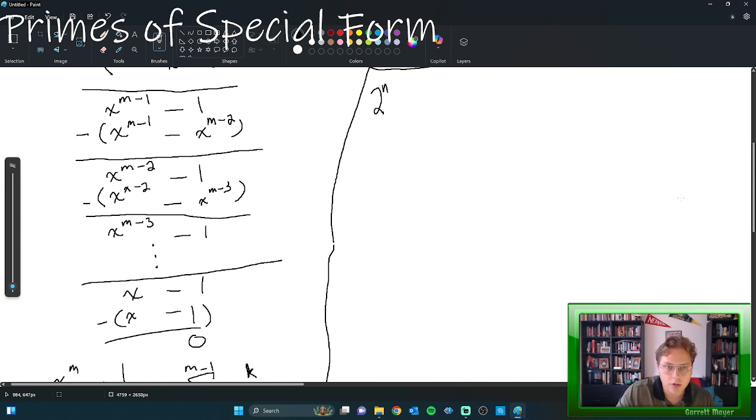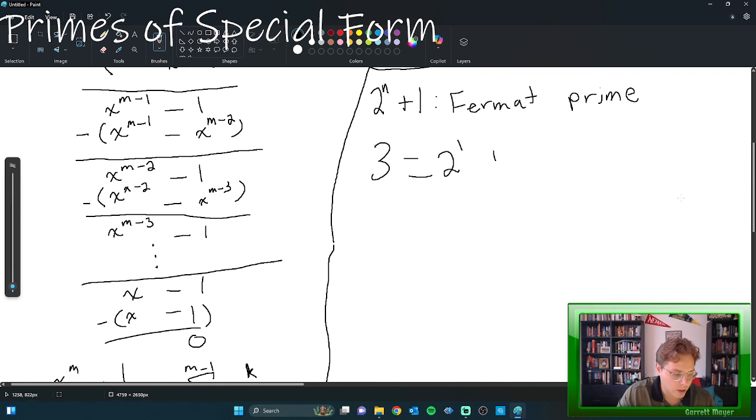So similar to before, except instead of subtracting 1, we're adding 1. Okay, so let's see some examples of this. Some examples of these types of primes could be like 3. 3 is 2 to the power of 1 plus 1. Another example is 5. 5 is 2 to the 2 plus 1.